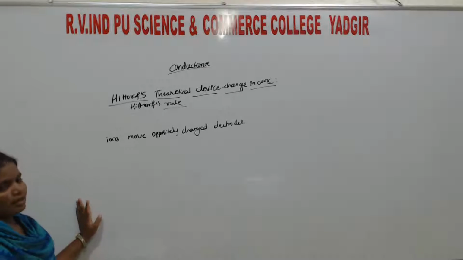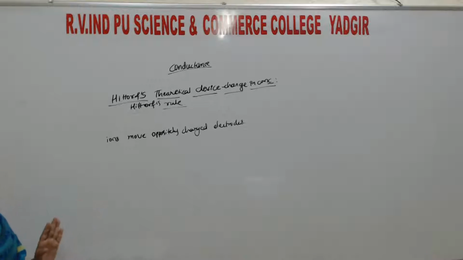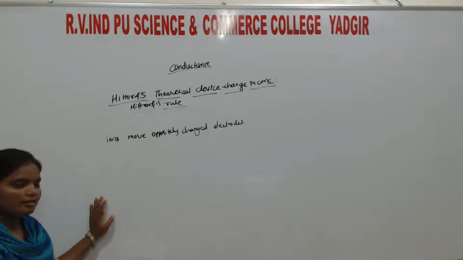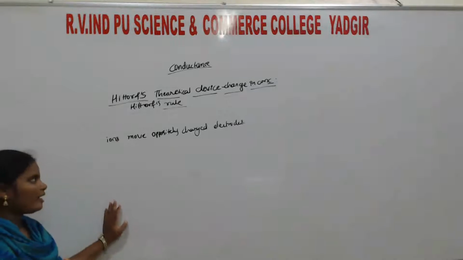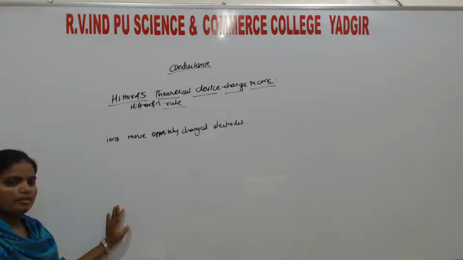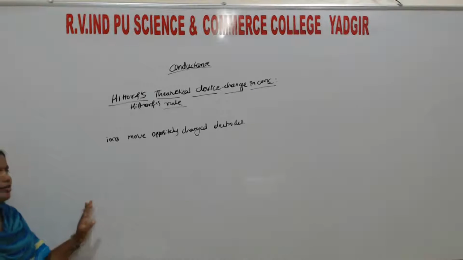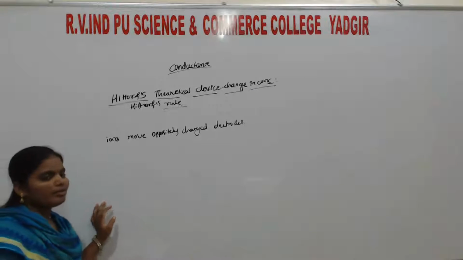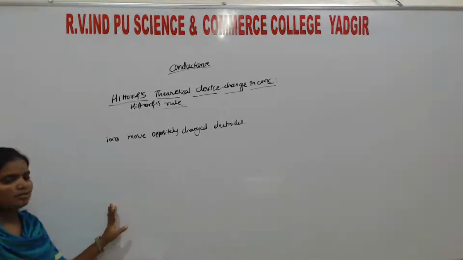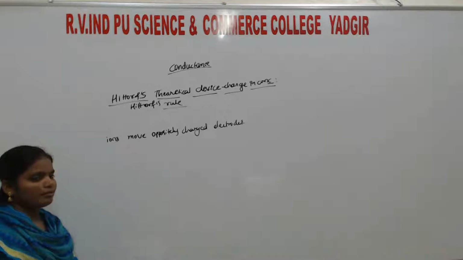Then imaginary lines are drawn vertically, dividing the cell into three compartments. The first one is the anodic compartment, the second is the middle compartment, and the third is the cathodic compartment.